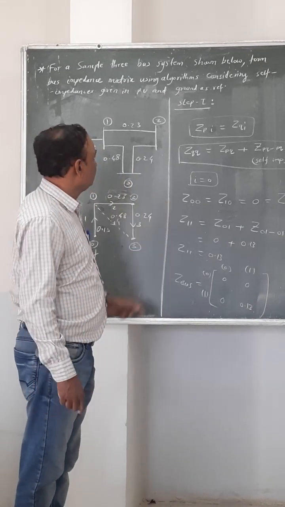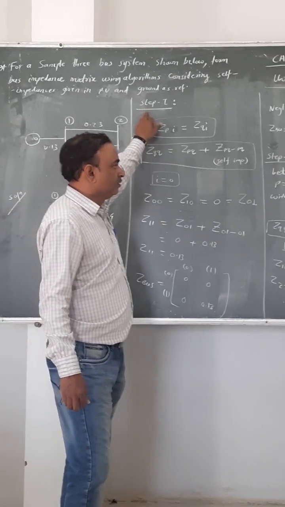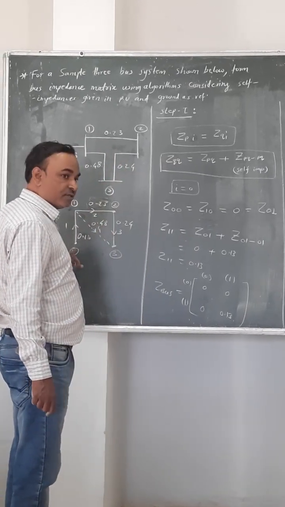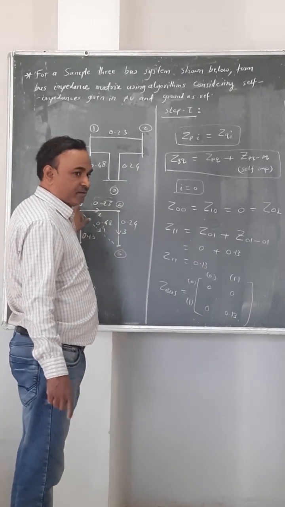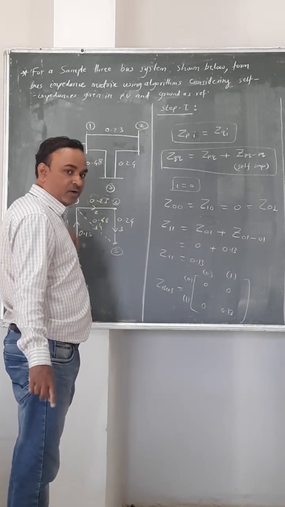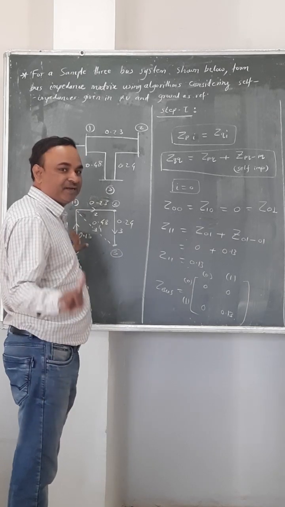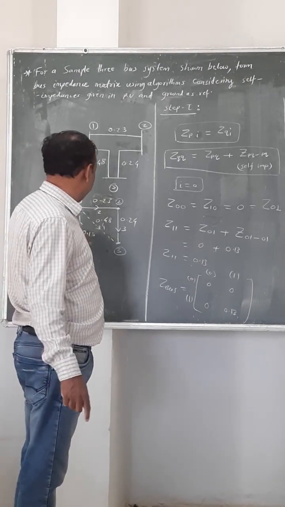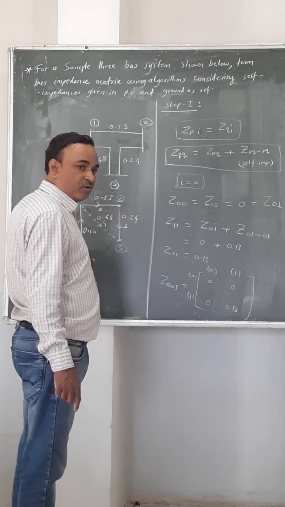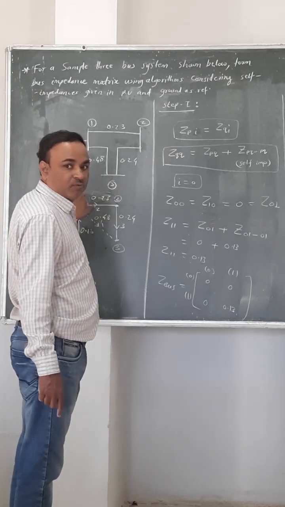Step number 1: addition of the element between node 0 and 1, which is nothing but element number 1. So I have considered P equal to 0 and Q equal to 1.